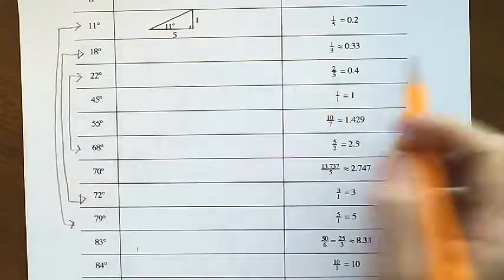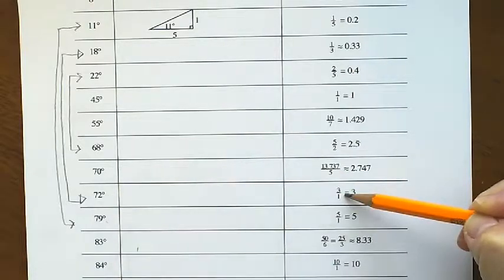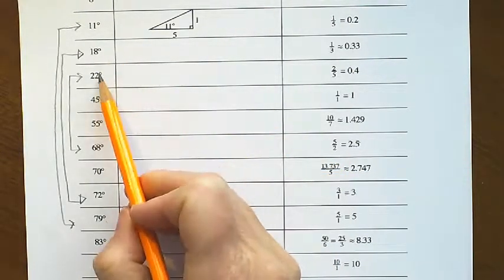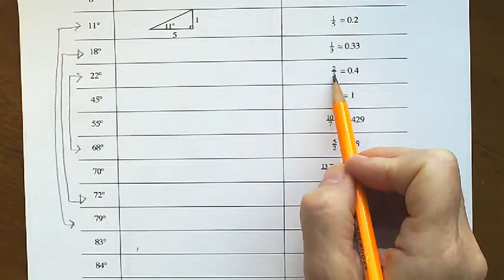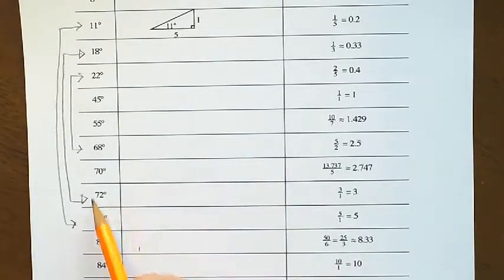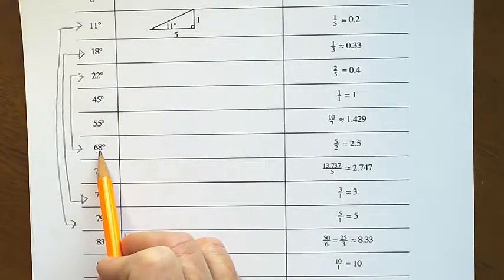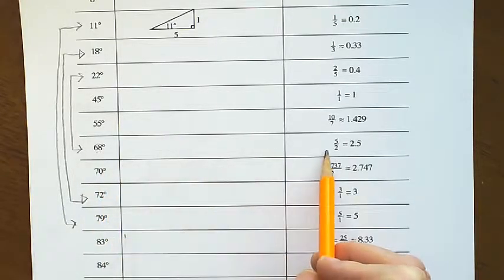If you look at 18, the slope's 1/3. If I look at 72, slope is 3/1. For 22 degrees, the slope was 2/5. All of these were from the very first resource page. And if I look at the complement of 22 degrees, 68 degrees, 5/2.